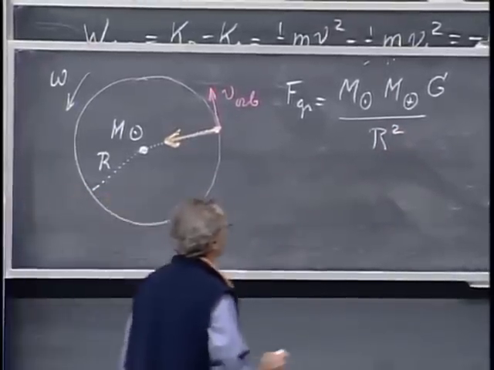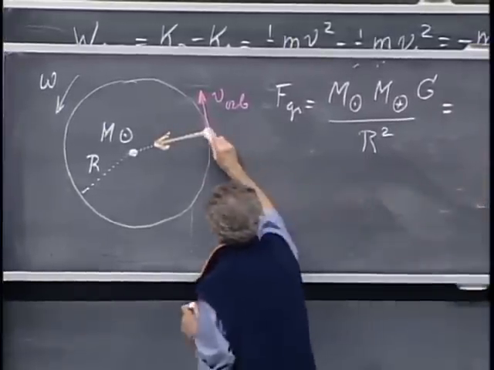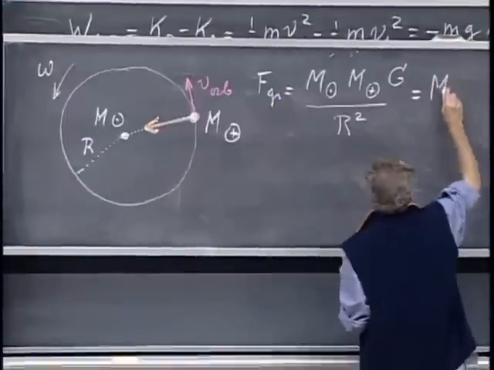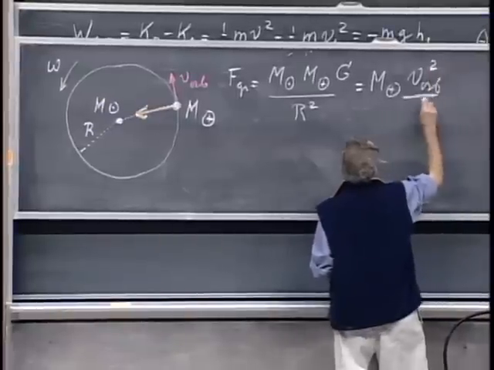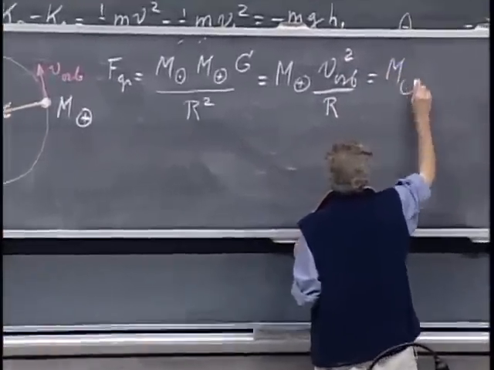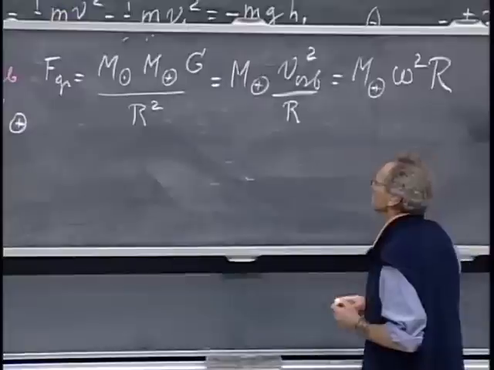But it also must equal the centripetal force, and this is the mass of the Earth times the orbital speed, v squared, divided by the orbital radius, and if you prefer to write that in terms of omega squared r, that's fine too.